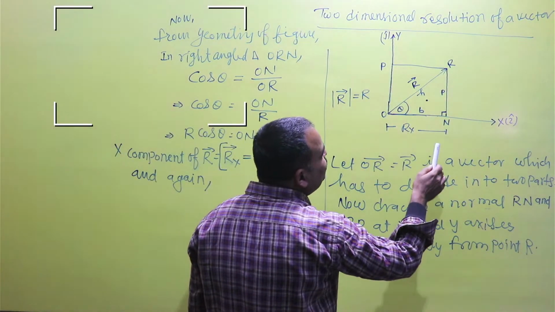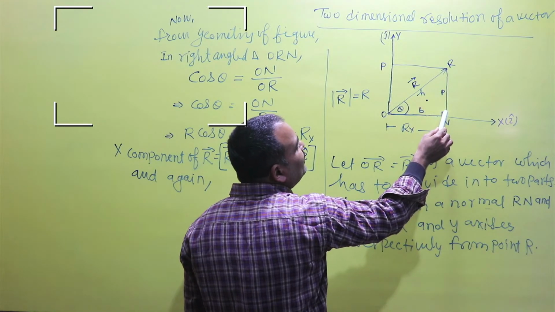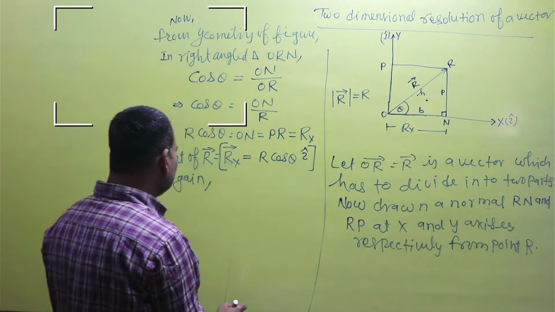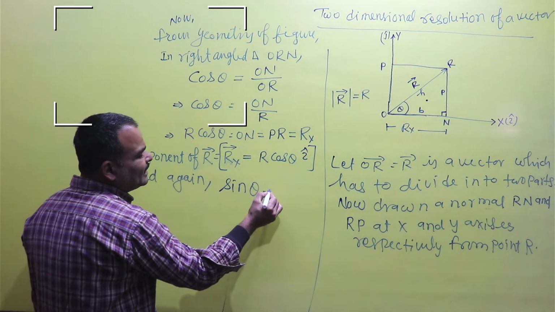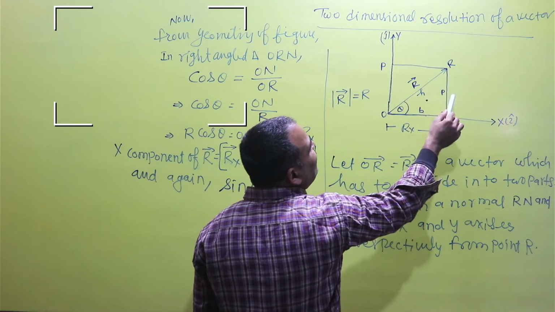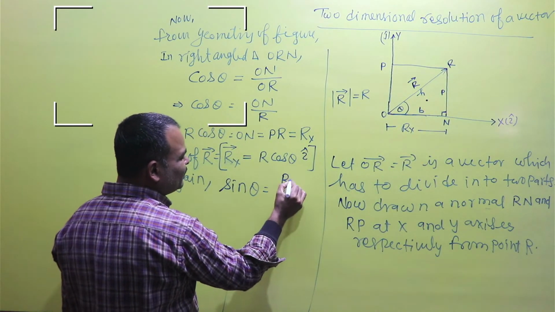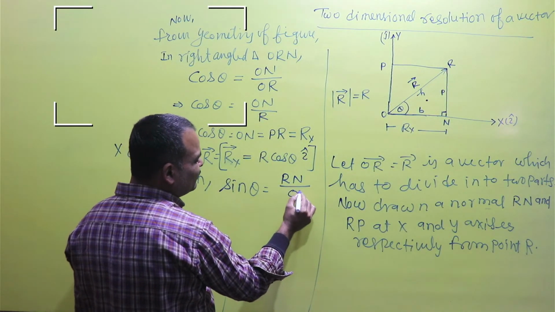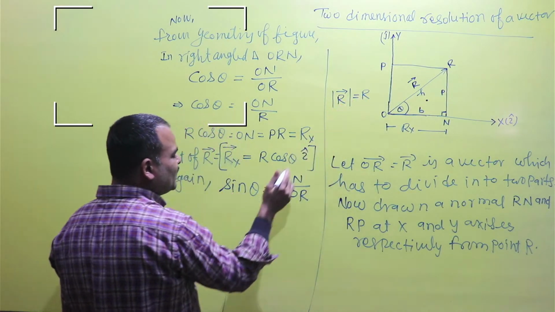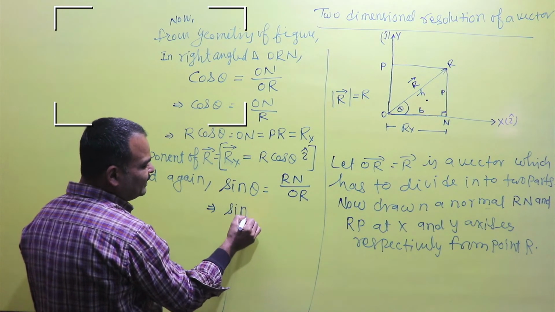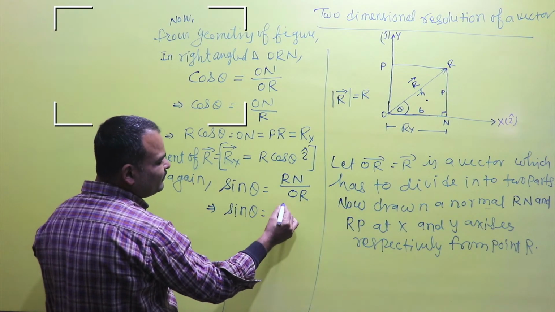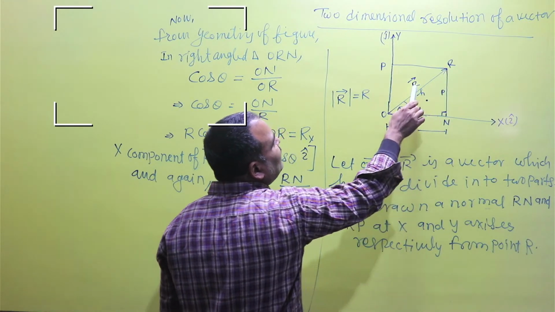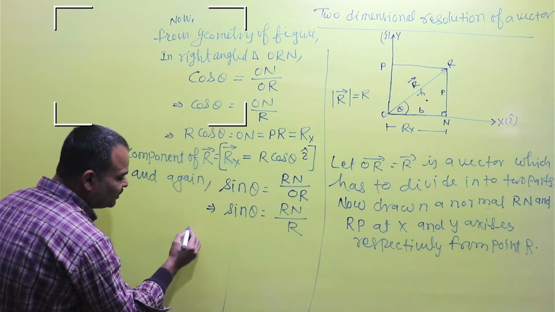And again, to determine the value of Ry, we can take the perpendicular and the hypotenuse. So sine theta will be equal to P by H, and P will be equal to Ry. H is OR, the magnitude of vector R. That means sine theta is equal to Ry by R. OR is the length of the arrow of vector R and it provides its magnitude.